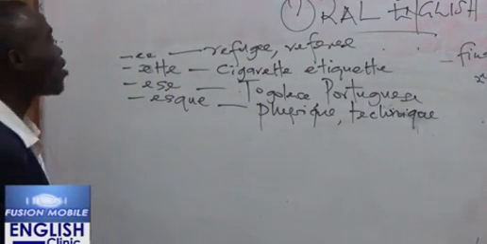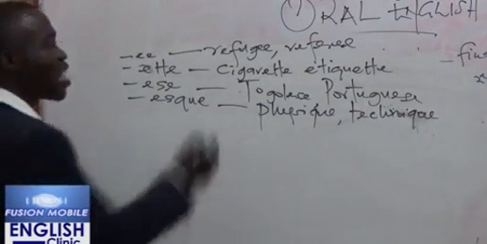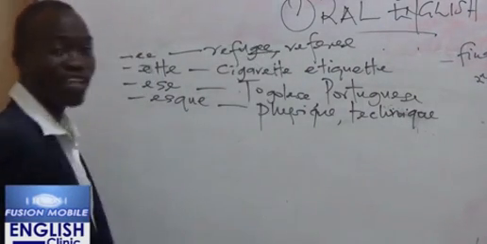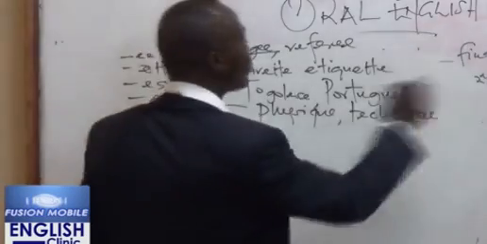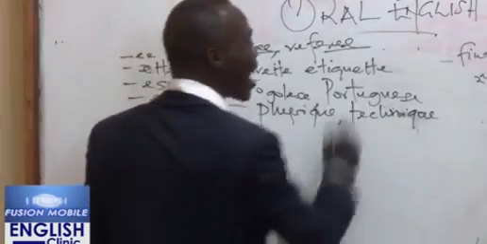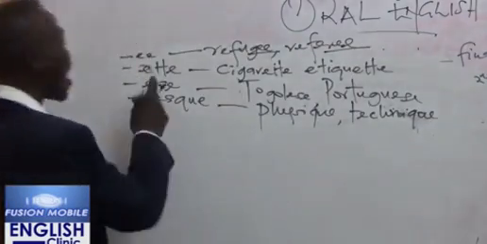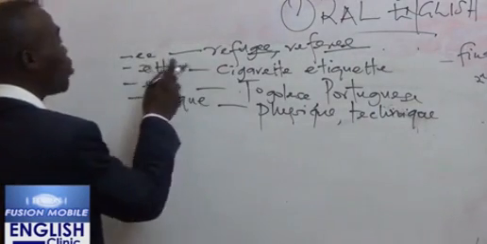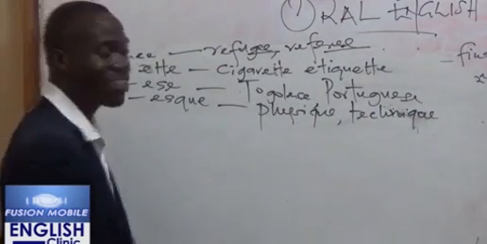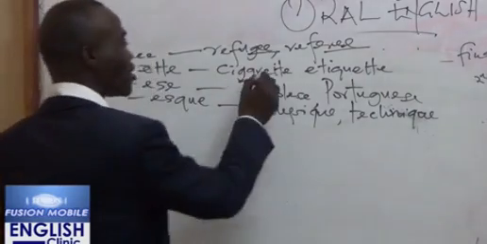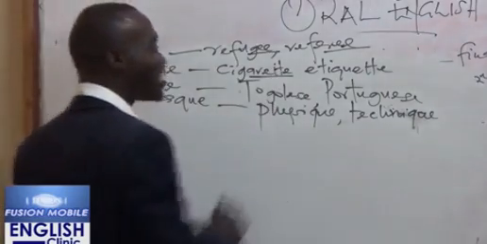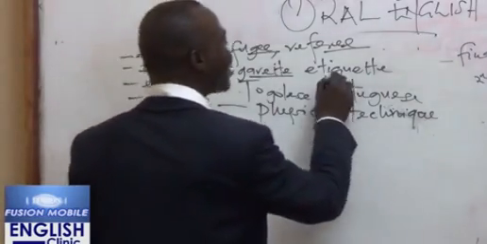So, in a word like refugee, the last syllable is gee, and that is what is stressed. In a word like referee, the last syllable is ree, and that is what is stressed. In a word ending with E-double-T-E, as in cigarette, ret is what is stressed. Etiquette, the last syllable is ket.